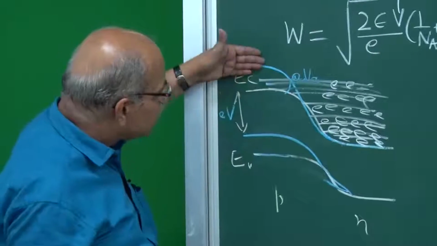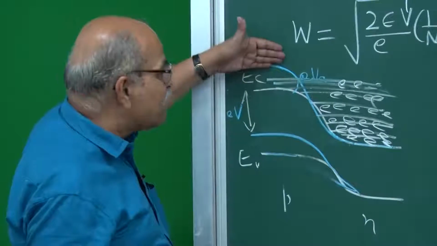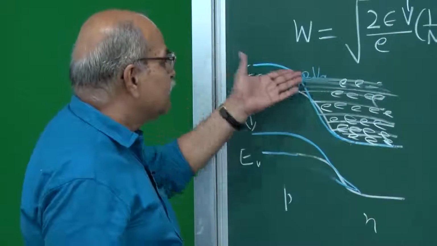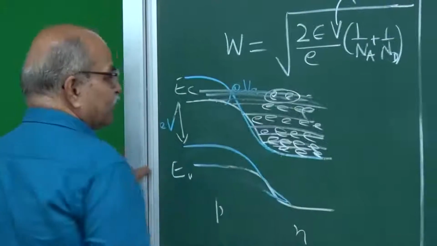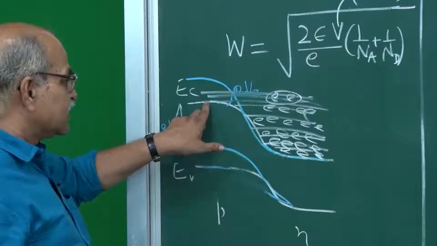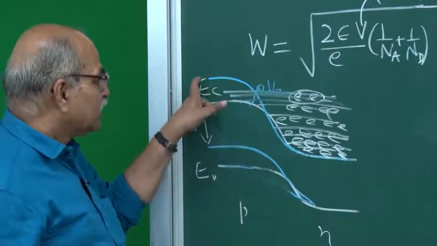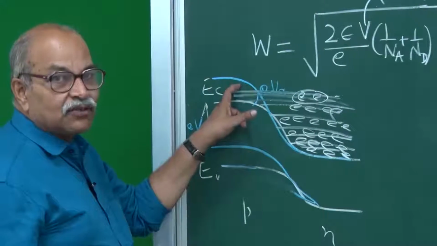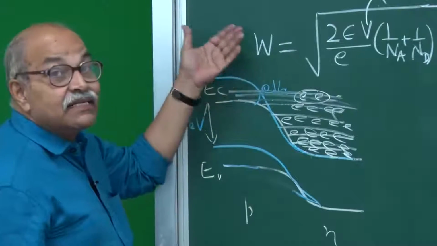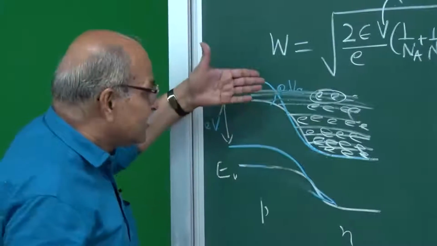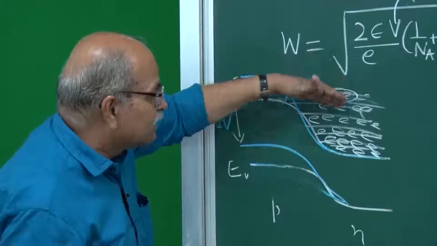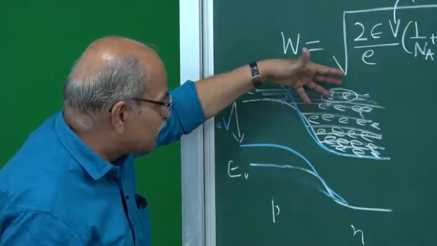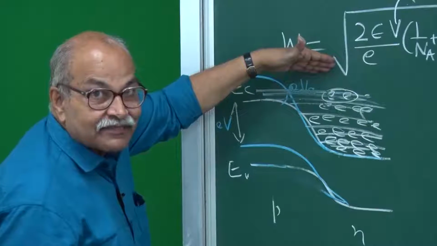And if you reverse bias, if you increase the barrier, then this diffusion will be further stopped. Originally when your EC was here, this could have gone, but now that EC is here, this will not go. So, the diffusion will decrease drastically, because as you go up, the availability of electrons here falls drastically.